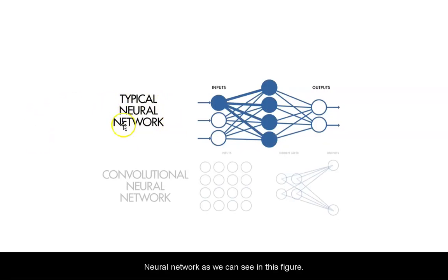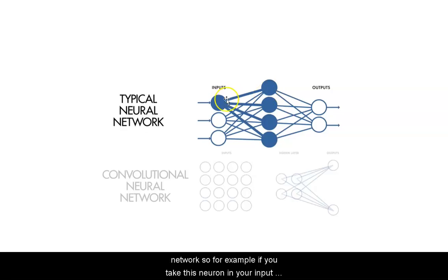In a typical neural network, as we can see in this figure, each neuron in the input layer is connected with the neurons in the hidden layer. And this applies to all the layers in the traditional neural network. So for example, if you take this neuron in your input layer, it will be connected to all the neurons in its next layer, which is the first hidden layer.